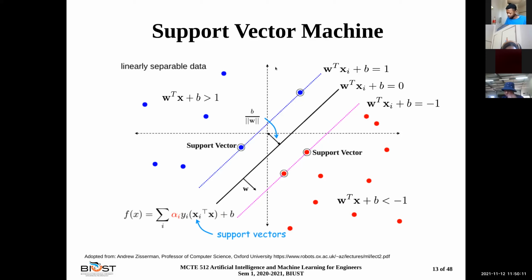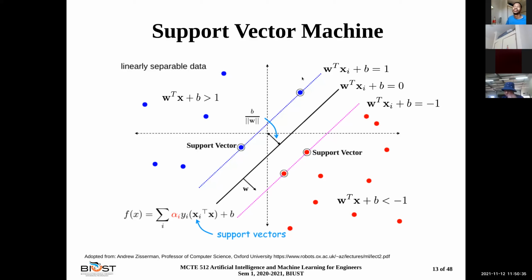So here is a more detailed picture of what's going on in terms of data points and the function that we are looking at. Always in this case, we are looking at linearly separable data, and our equation is linear.